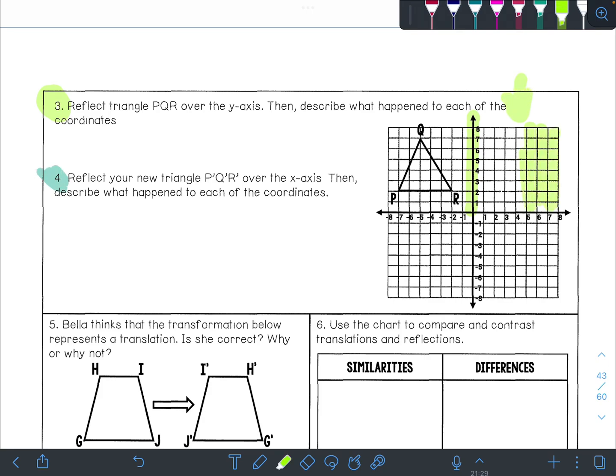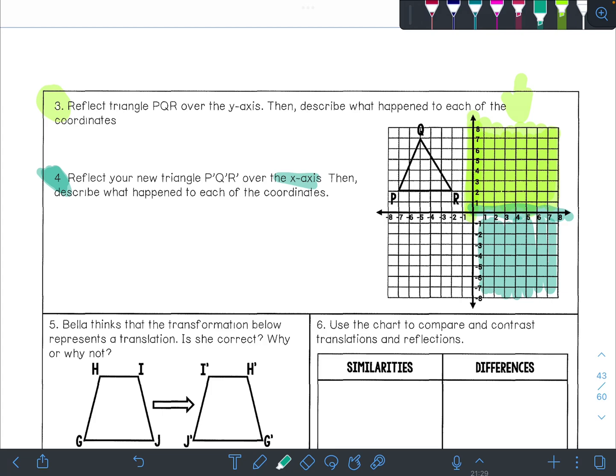I got that backwards. Rewind. So for 3, you're going to reflect over your y-axis, so your shape should end up over here. Then for 4, you're reflecting over your x-axis. So you're reflecting here and your shape should end up down here. So you're kind of doing two reflections in one problem.